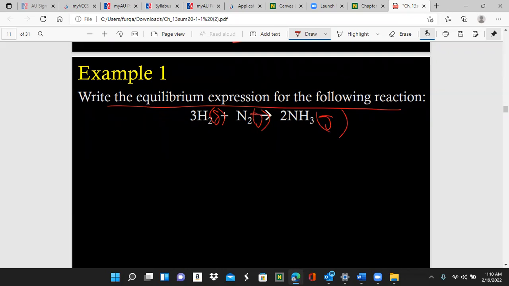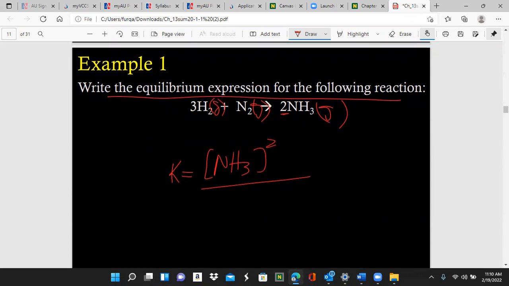So the expression K is equal to the products go on top, NH3 raised to the power 2. Do not forget that. That is a very common mistake made by students.